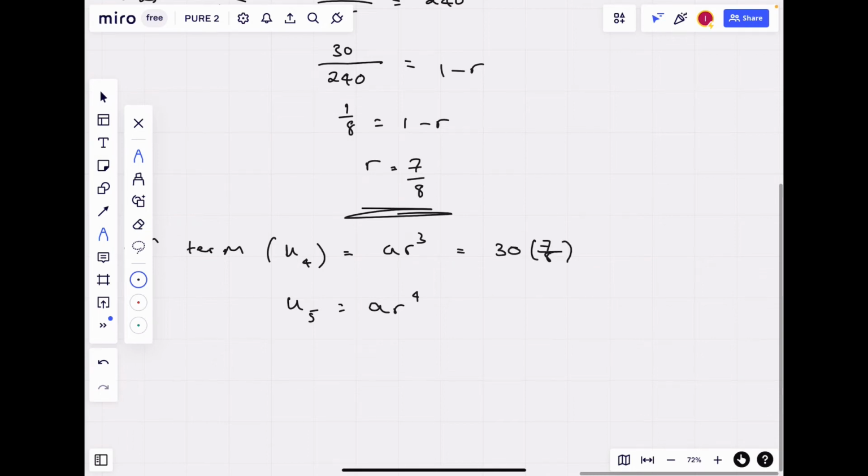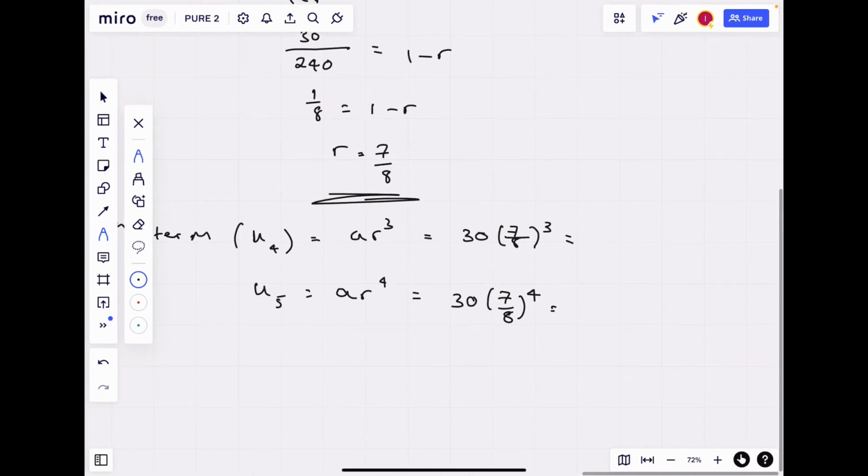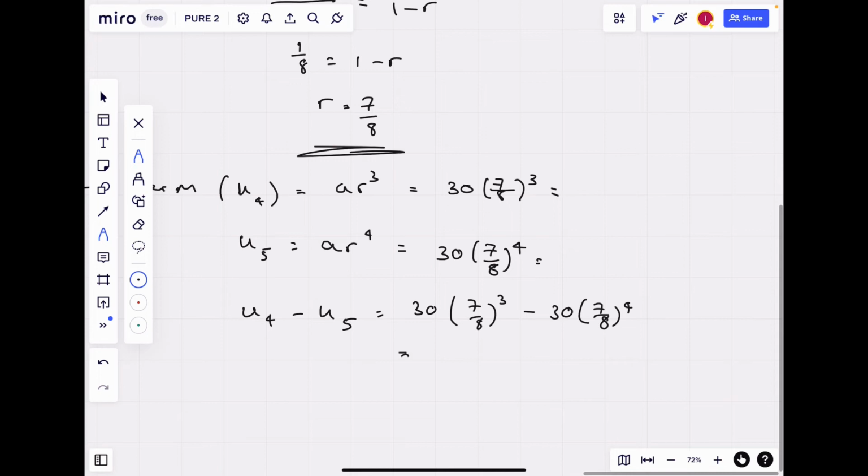So 30 times 7/8 to the power of 3, and then 30 times 7/8 to the power of 4. Stick both in the calculator, minus them, so you're going to do u4 minus u5. 30 times 7/8 to the power of 3 minus 30 times 7/8 to the power of 4. And you should get 2.51.